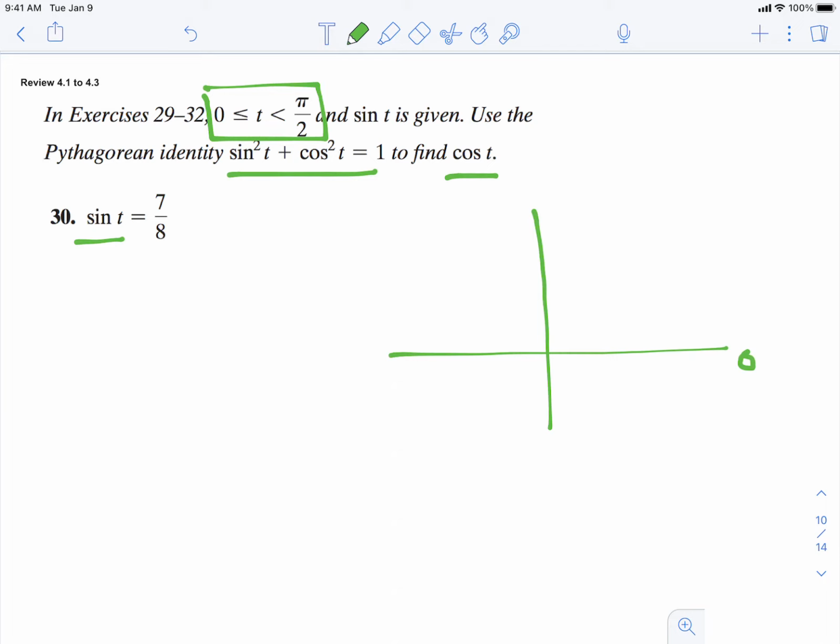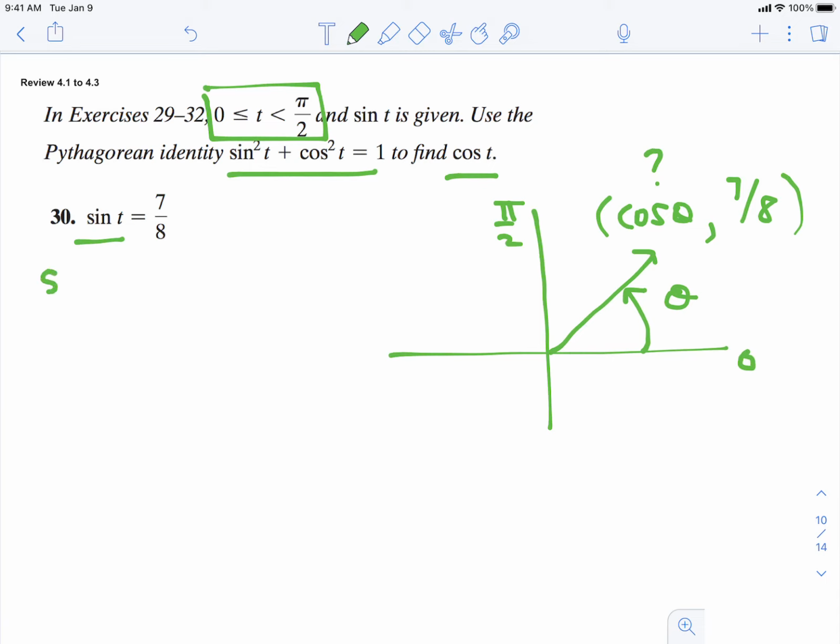Here's 0 radians, and this is pi over 2. So our angle falls somewhere in this first quadrant. And we want to find the cosine. We know the sine is 7/8. We want to find that cosine. So we're going to solve using that Pythagorean identity.